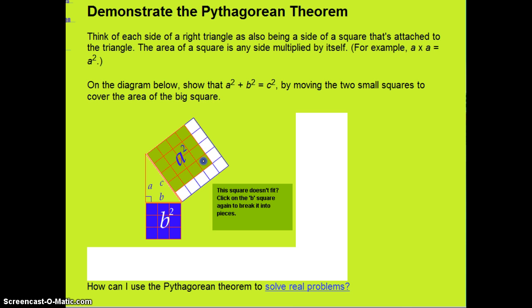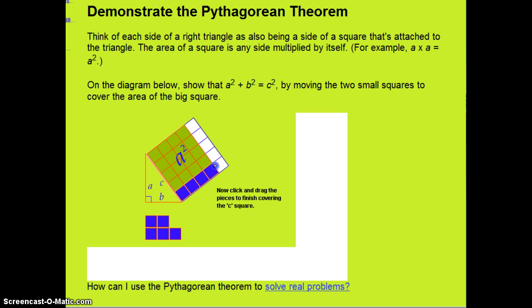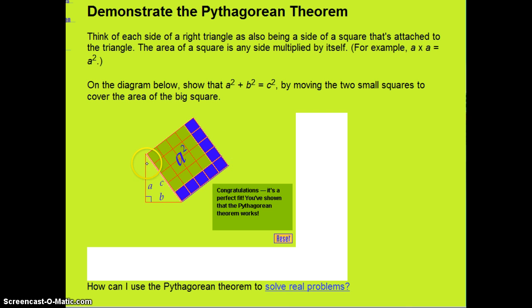But when we try to move this over, it won't fit as it is. So we're going to need to break this up and move it over one at a time. And then you'll find that this is going to fit exactly. Now this isn't a formal proof, but it's just a visual demonstration of how a squared and b squared will equal c squared.